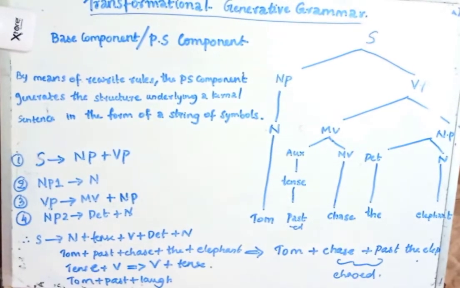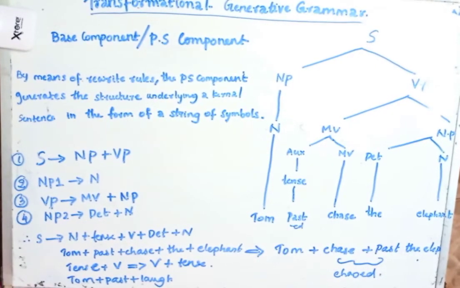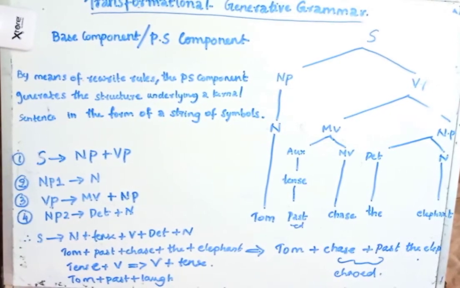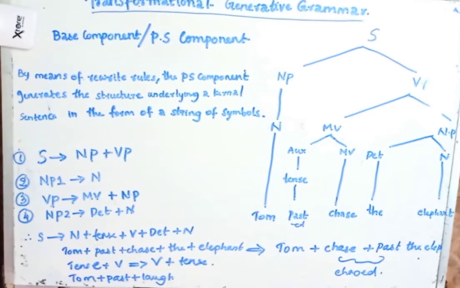In the last lecture, I said that a kernel sentence is a basic sentence. It is always simple, affirmative, which means positive, and active. It will be a declarative sentence, not an interrogative sentence.